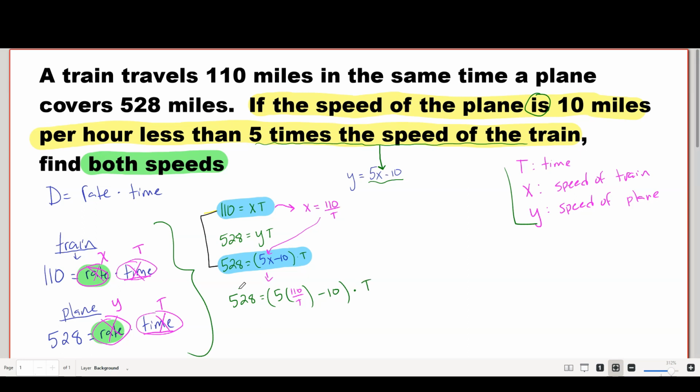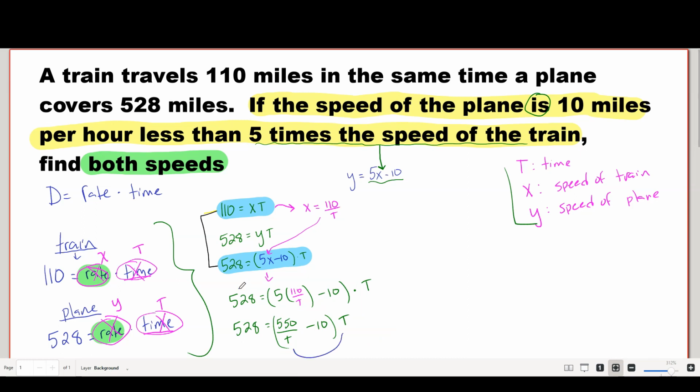So we go through this. This is going to be 528 equals 550 over t minus 10, all this times t. Now, if we're going to simplify this right-hand side over here, we can distribute that t in. So let's go ahead and do that.